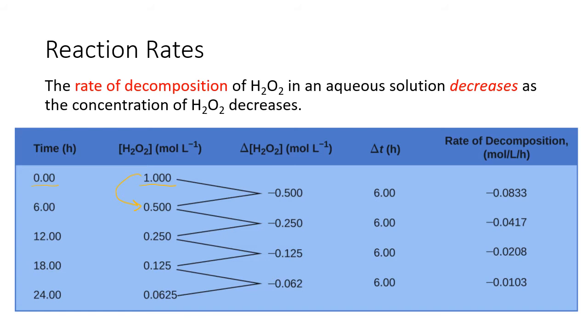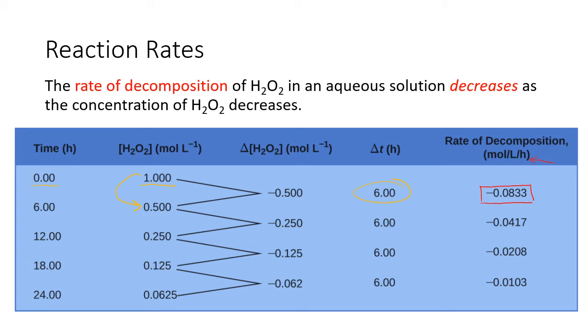Our delta T for that time frame would be 6 hours. We could plug in our 2 data points for concentration and our time data points in order to calculate the rate. The rate over those first 6 hours was 0.0833 molarity over hours, according to the units from this chart.